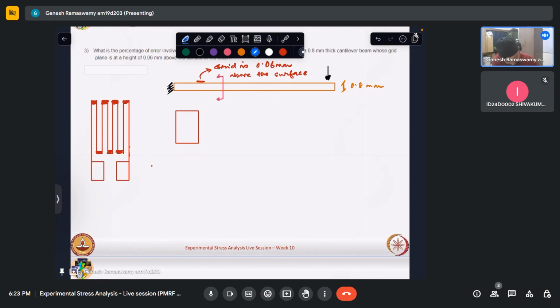And when I take the cross section here at the location of the strain gauge, I additionally have the strain gauge also on the top.